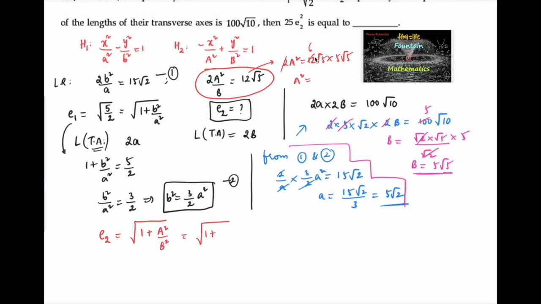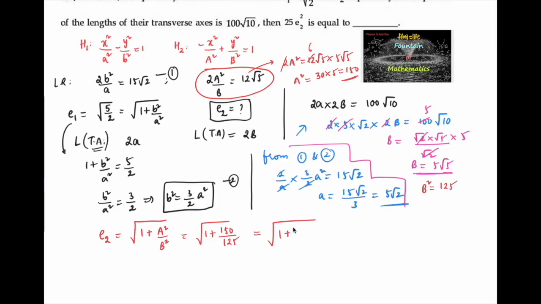So a square is equal to 6 5s are 30, 30 into 5, which is equal to 150. So we can write a square value is 150 divided by b square value is 5 root 5 whole square, that is 25 5s are 125, which is equal to under root of 1 plus.